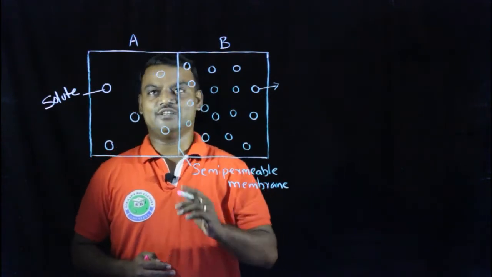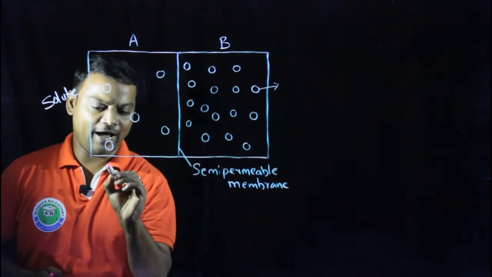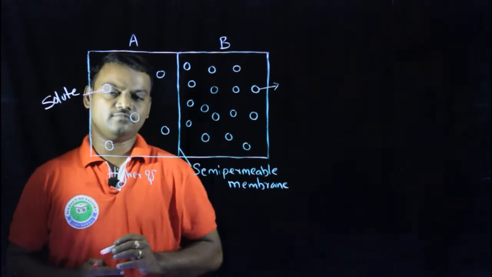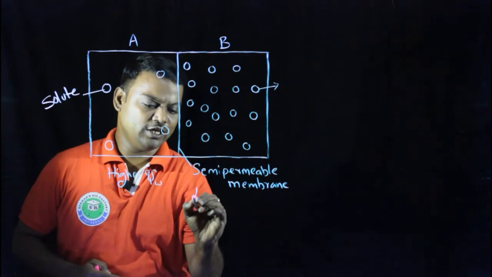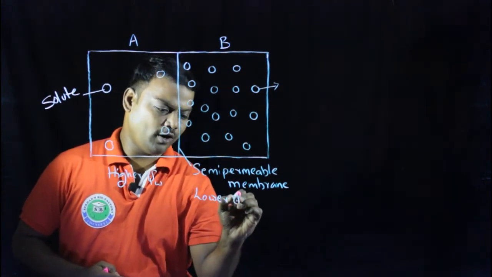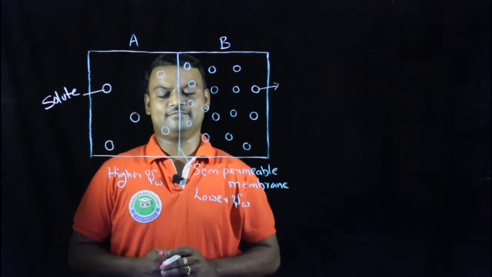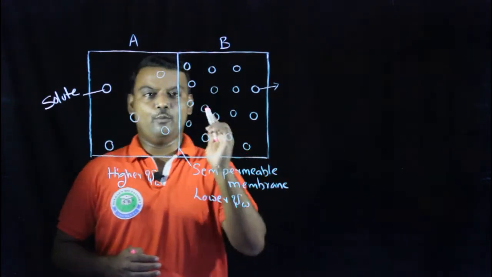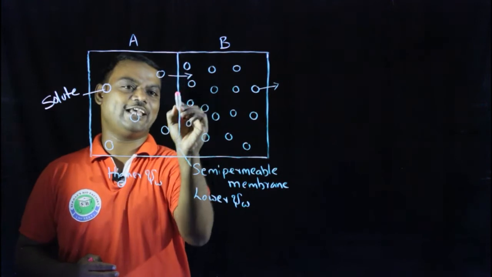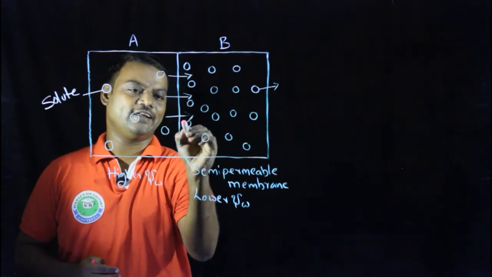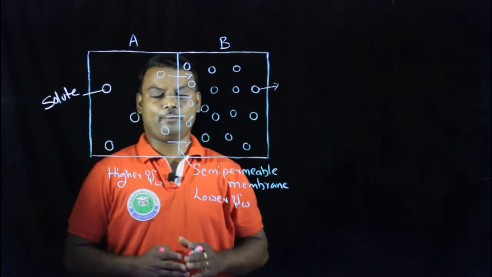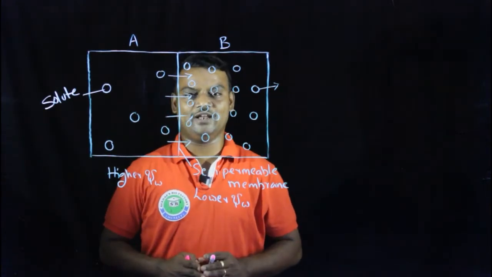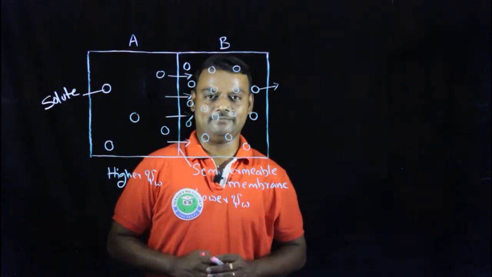In such condition, in chamber A, the higher water potential is maintained, and in chamber B, the lower water potential is maintained. Depending upon the driving force, the movement of water always takes place from higher chemical potential or water potential to lower chemical potential or water potential until it reaches equilibrium.